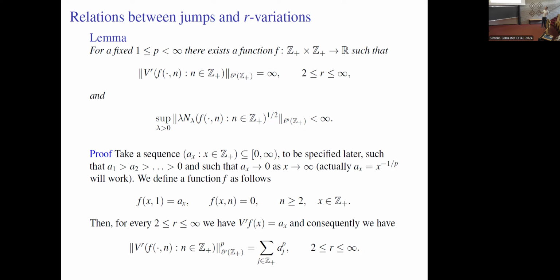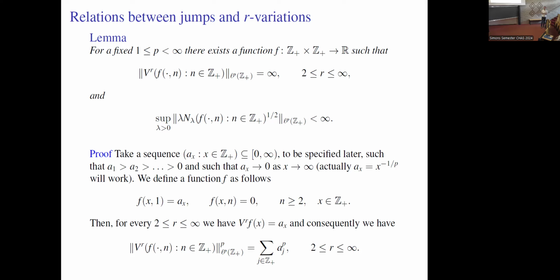Yes, so this is the definition. The first variable is a spatial variable, and the second variable is a time variable. So we compute R variations or lambda jumps according to the second variable. These functions are very simple in the sense that they have only one positive value at the first point, and then they are 0. So we have just one jump, from 1 to 2, and then the function is constant.